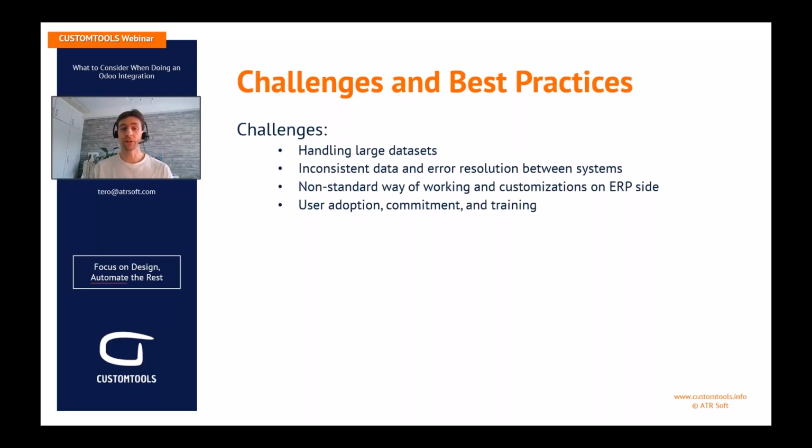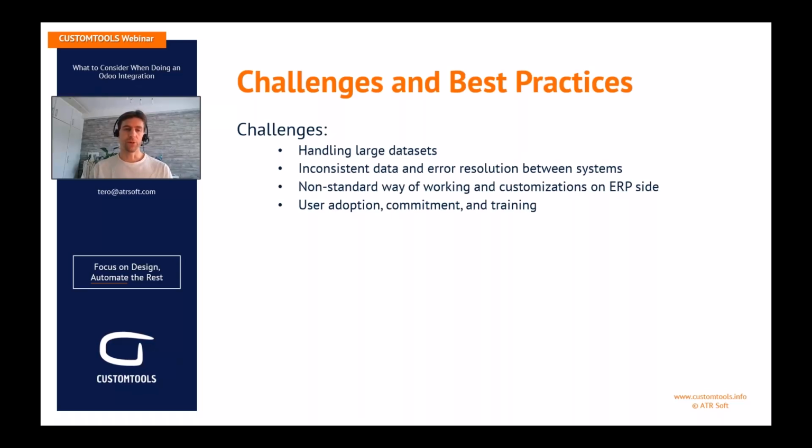Managing and transferring large volumes of data during integration can strain systems and create bottlenecks. ERP systems might struggle to store and retrieve data efficiently if not optimized, and that may affect search operations in Odoo, slowing down due to poorly indexed data. One way to mitigate that is to optimize data by cleaning and consolidating records before the integration.